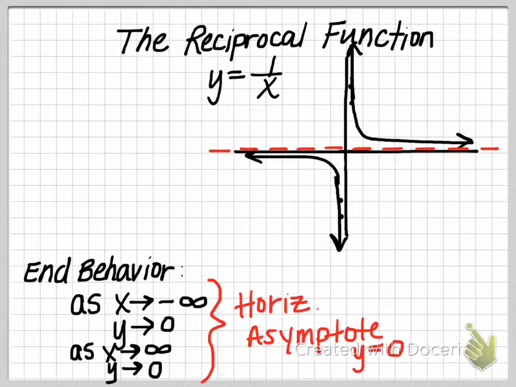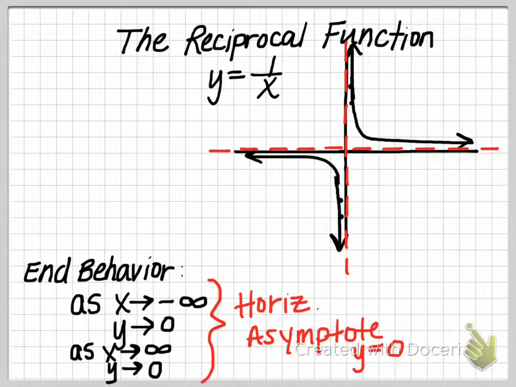But now, if you take a look at what's happening, not just on the ends of the graph, but actually in the middle, you'll see that for this particular graph, we not only have a horizontal asymptote, but we also have a vertical asymptote. We have this imaginary vertical line that the branches of the graph are also getting very, very, very close to, but not intersecting.